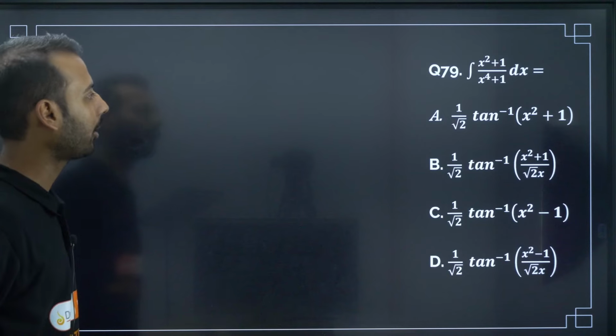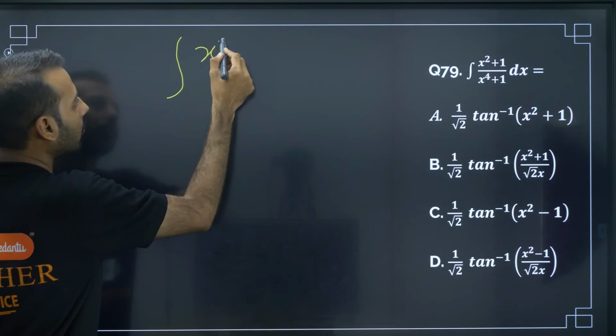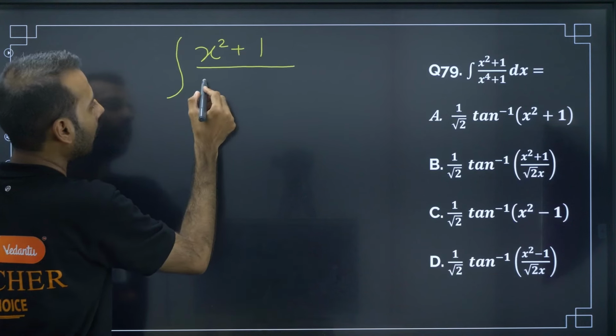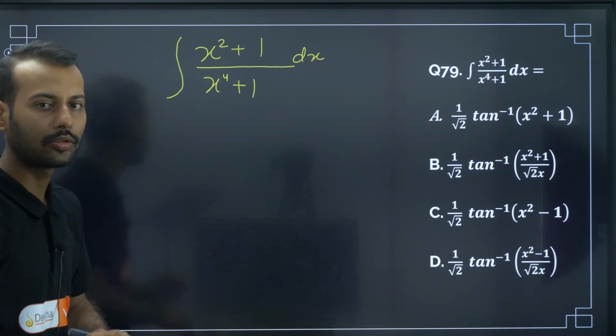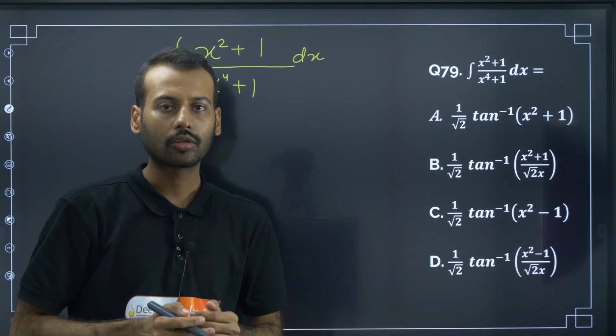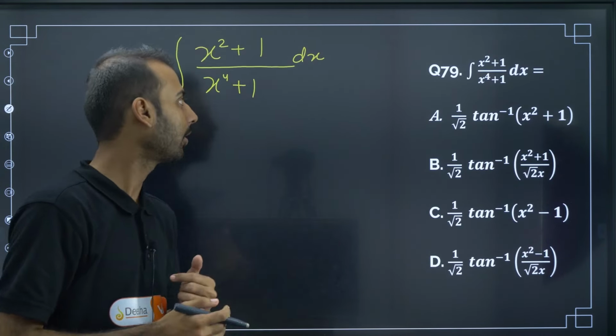Integration of x square plus 1 by x4 plus 1 dx. Now there is no ready-made standard integral available, so we have to transform this algebraic expression into standard form and then go for integration.